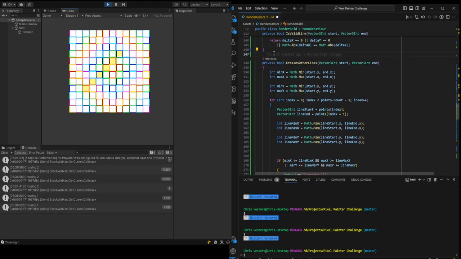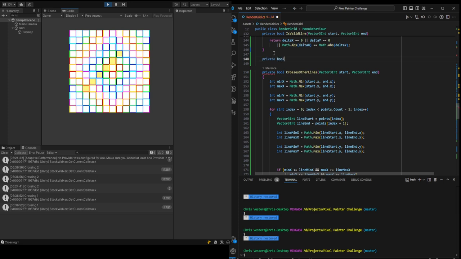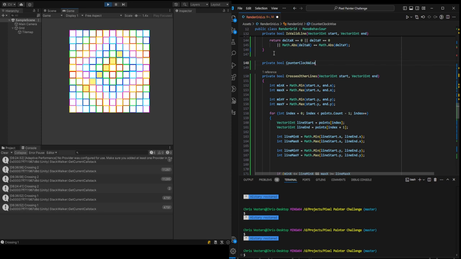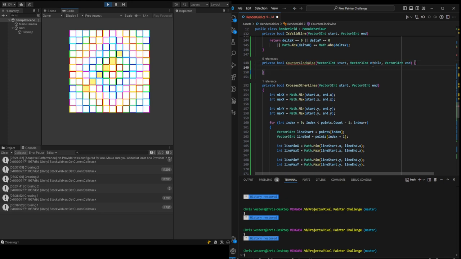So they actually implemented a helper, but they gave it a very bad name. Start, middle, and end. Let's see if this is correct. End minus start times middle minus start, yes, that's also correct.